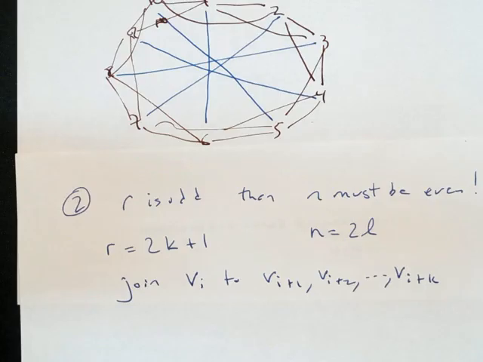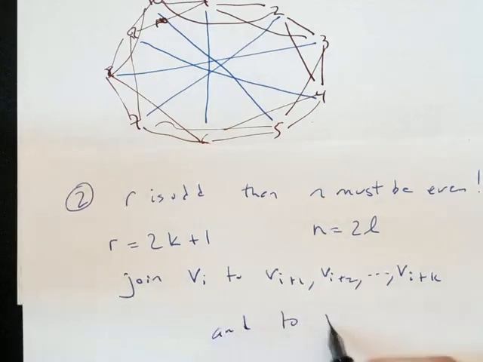We also can EI degree of VI, K in front, K behind, across, the degree is 2K plus 1.